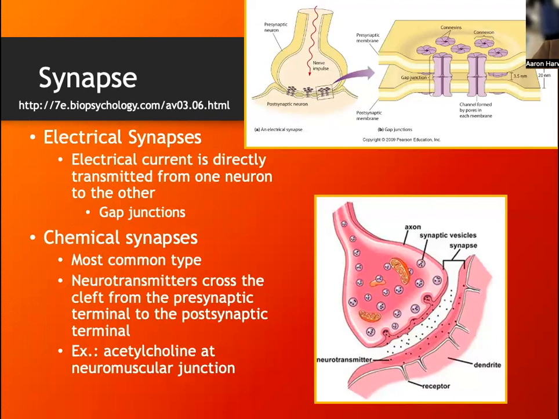And the secondary point I'm trying to lead into here is that a lot of times the chemical synapse will take an initial electrical signal, turn it into a chemical signal, maybe even a secondary chemical signal. But then once the chemical signals have served their purpose, they usually transfer back to a different electrical signal to then be conducted to the next step.